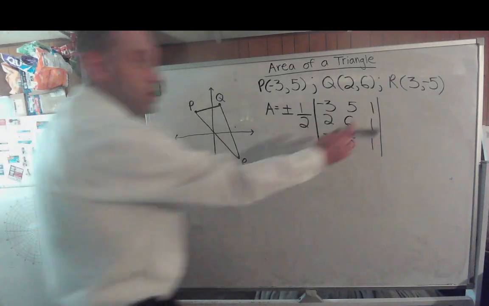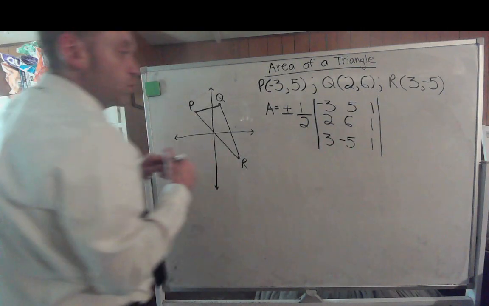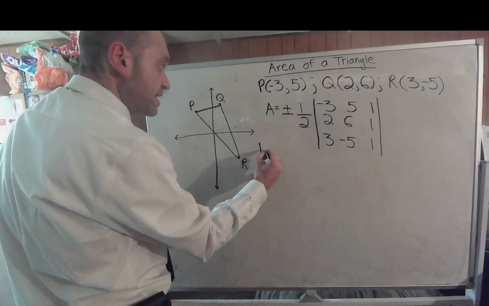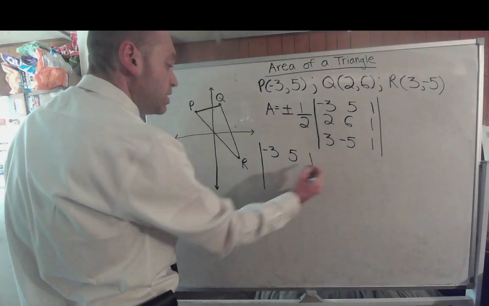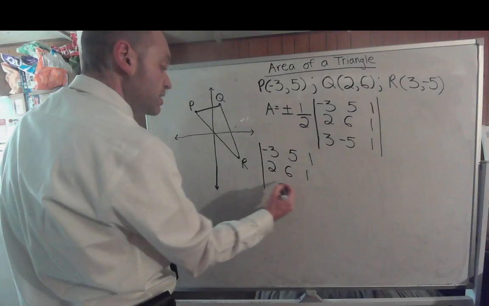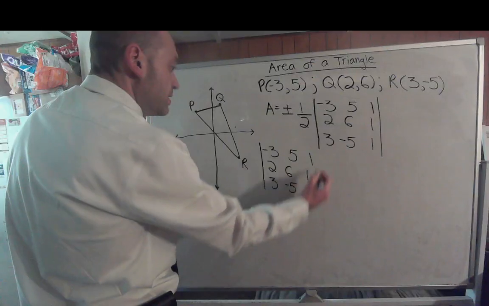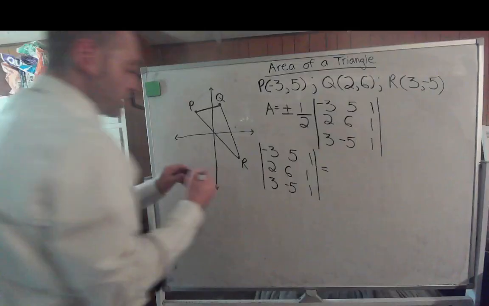Again, I think we'll go down the third column. That might be the easiest since all the coefficients are 1. So let's just focus on this determinant a minute. Forget that plus or minus 1/2. So negative 3, 5, and 1, 2, 6, and 1, 3, negative 5, and 1. Alright, so we're going to start in the third column.